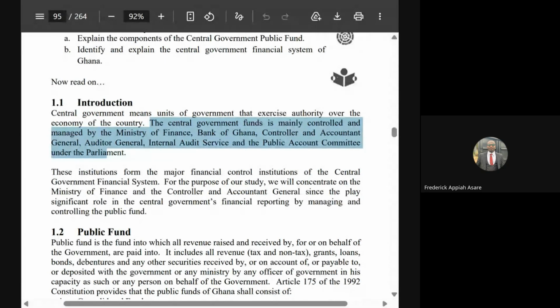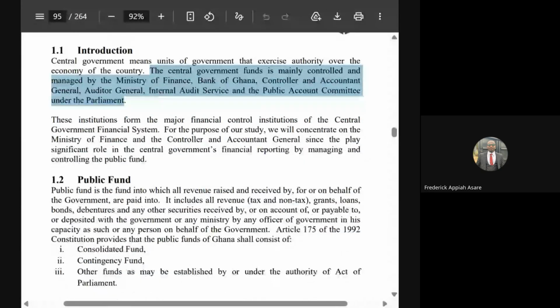So in Ghana, these are the people who control and manage the central government funds: the Minister of Finance, the Bank of Ghana, the Controller and Accountant General, the Auditor General, the Internal Audit Service, and the Public Accounts Committee.